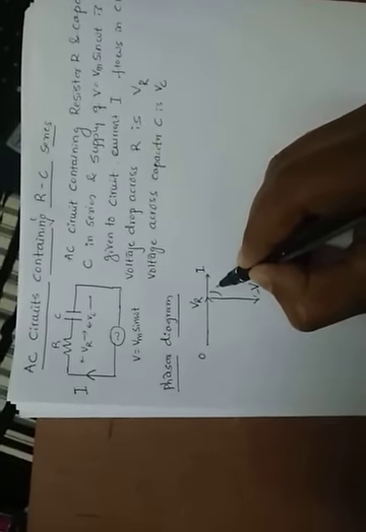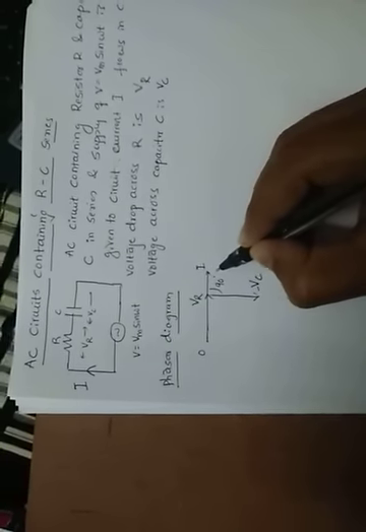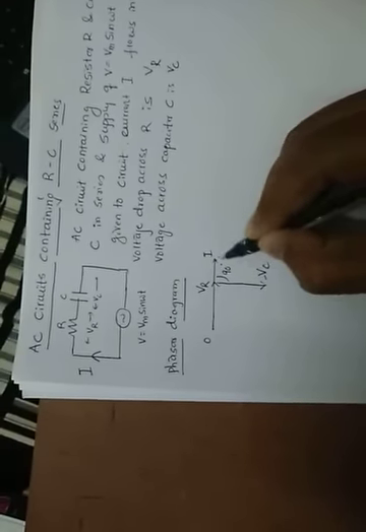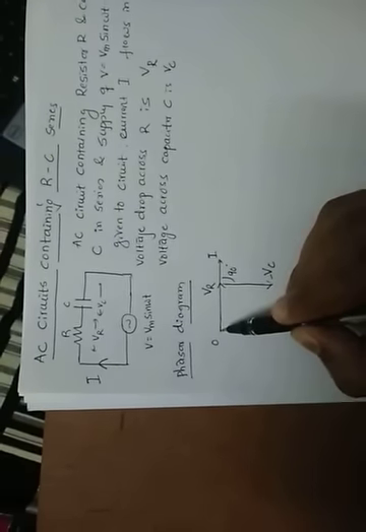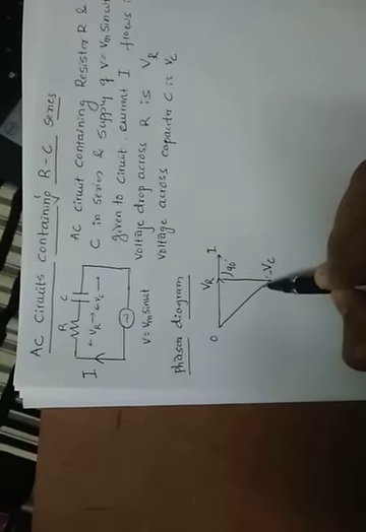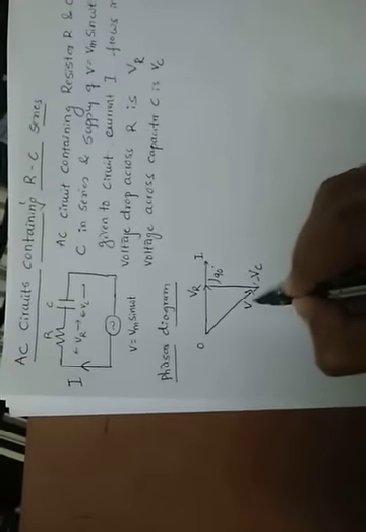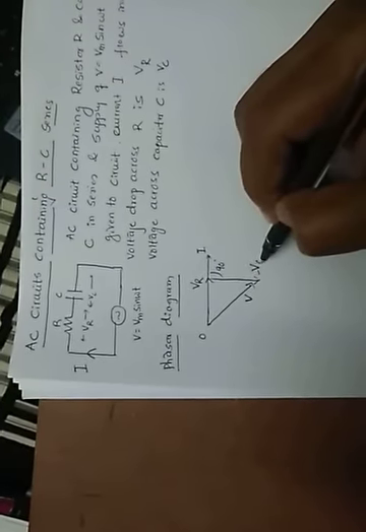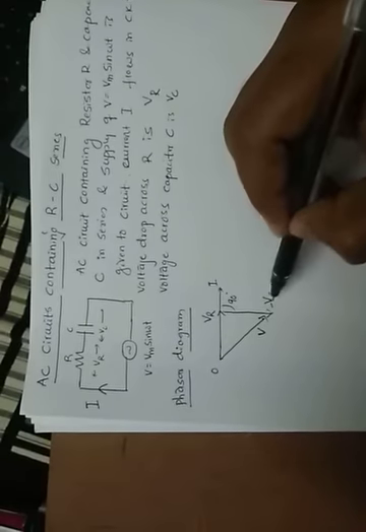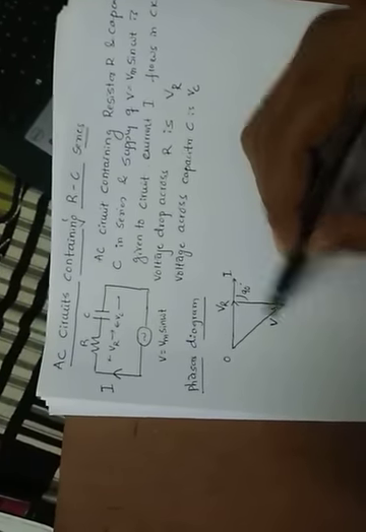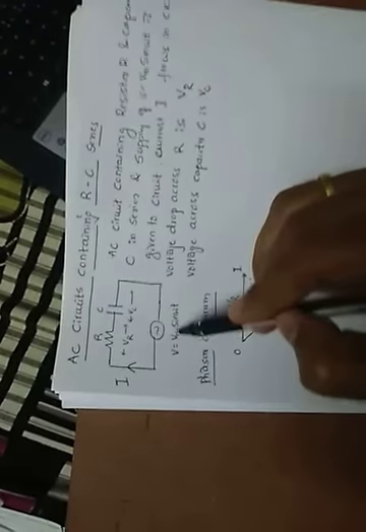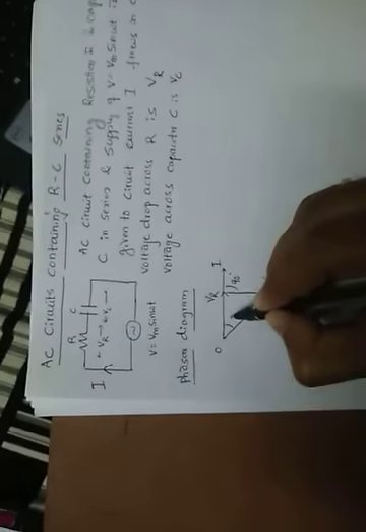Current leads the voltage across the capacitor by 90 degrees. Now VR plus VC is a phasor addition, and together they make the total V. It is angle phi here. It is the phasor diagram.